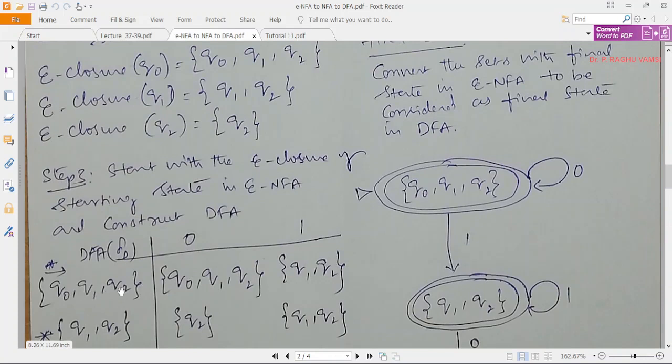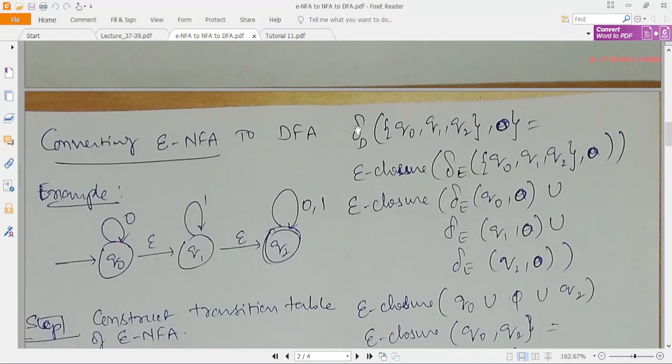So δD of Q0, Q1, Q2 upon 0: how to compute this? It is the epsilon closure of δE of Q0, Q1, Q2 comma 0. This is the formula we make use of.